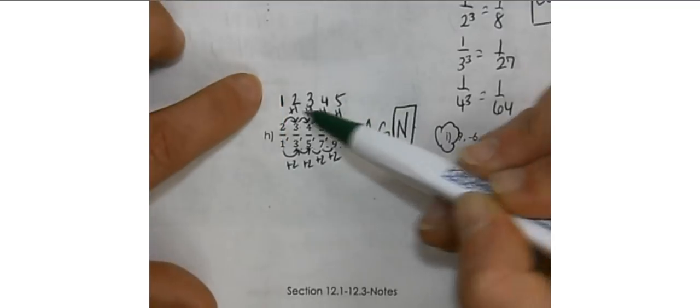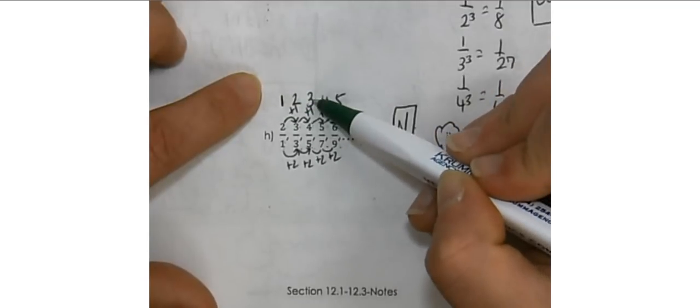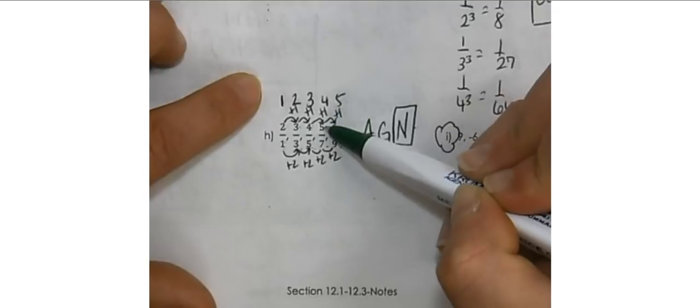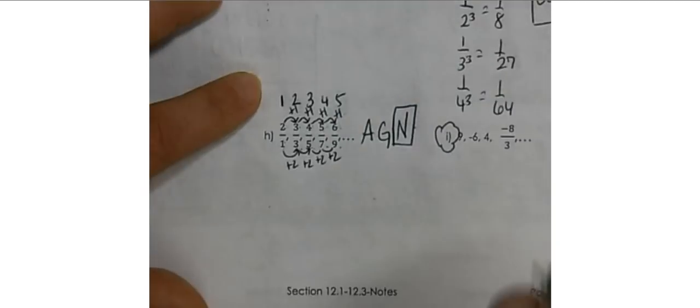So 1 plus 1 is 2, 2 plus 1 is 3, 3 plus 1 is 4, 4 plus 1 is 5, 5 plus 1 is 6. That works. So just working with my numerator, I can say so far that a sub n is going to be equal to some kind of fraction, and I'm going to take my position and add 1 to it. So that's what I see in my numerator.